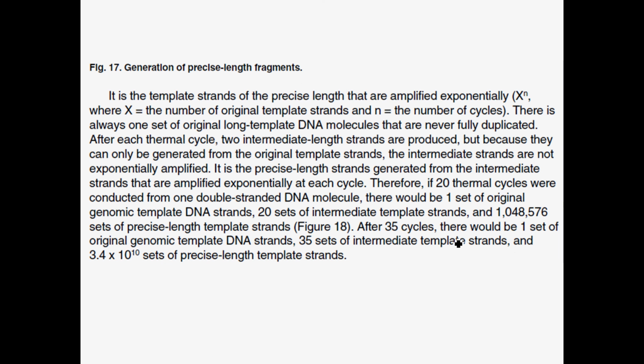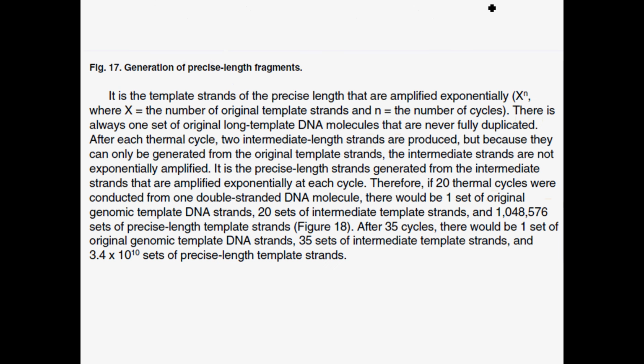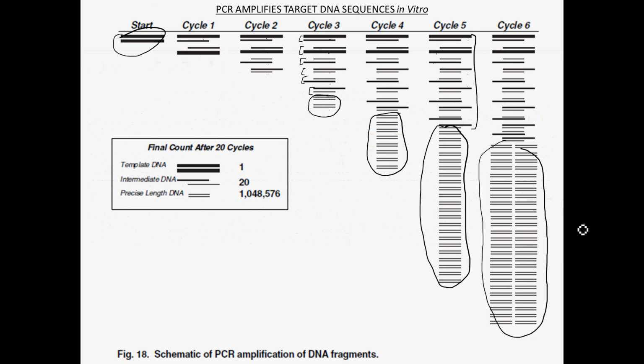So you can read that. That describes what we're talking about there. Now that's happening in a tube, but to see if the PCR actually worked, you need to use electrophoresis to actually separate that. So PCR results here are visualized using gel electrophoresis, because remember, now you have, in this tube, right, you would have, go back to this other image, right, in that tube, you would have this, right?